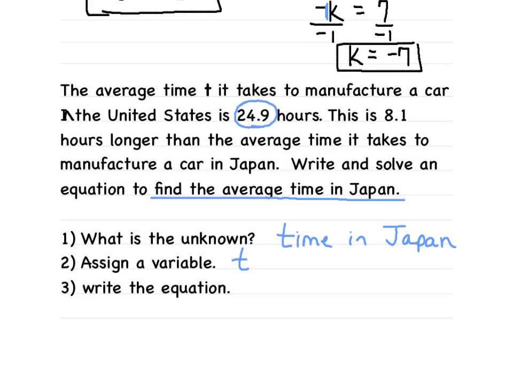And the problem says that this, meaning 24.9 hours, equals 8.1 hours longer, meaning more than, plus the average time that it takes to manufacture a car in Japan, and that would be T. So let's write that out: 24.9 is 8.1 plus T.